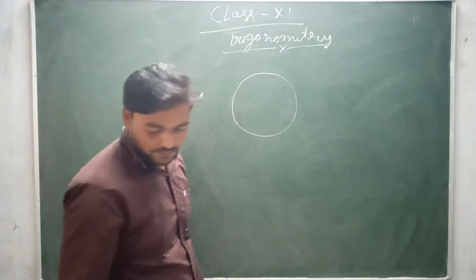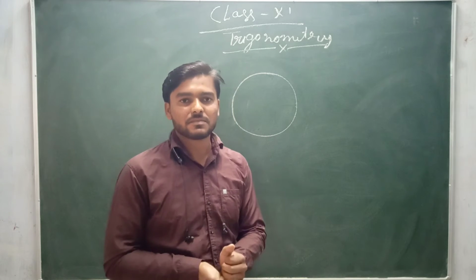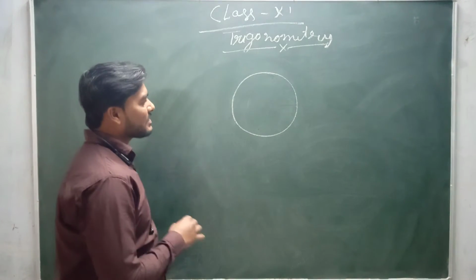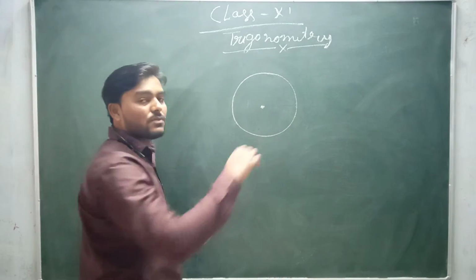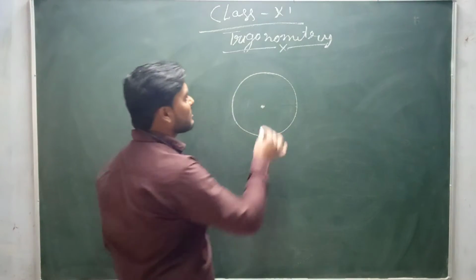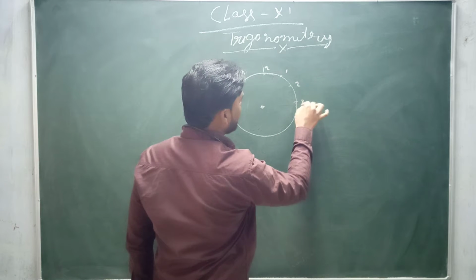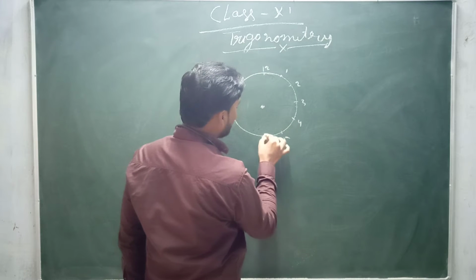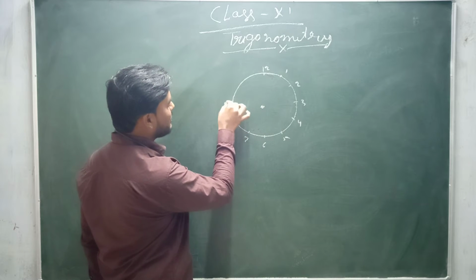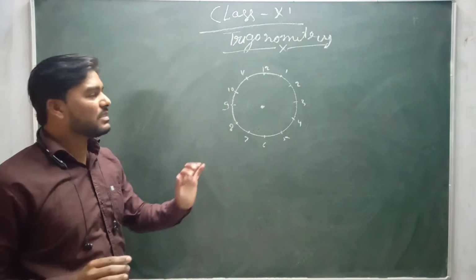Now the question comes: if degree is converted into minutes and minutes into seconds, then what is a minute? Take this as our watch, any watch, with 12, 1, 2, 3, 4, 5, 6, 7, 8, 9, 10, 11. This is our complete watch.